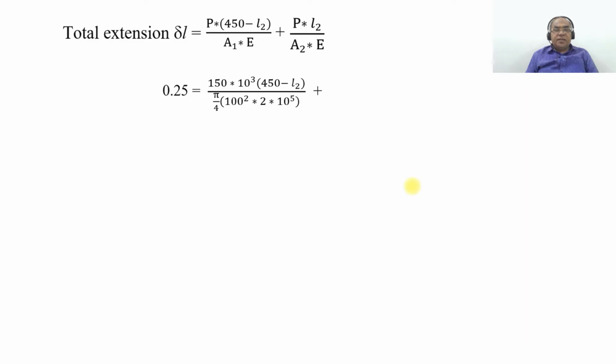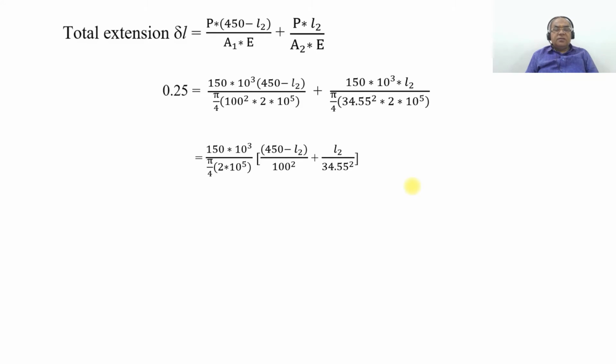150 into 10 to the power of 3 into 450 minus L2 divided by pi by 4 into 100 square into 10 to the power of 5, which is the Young's modulus, plus 150 into 10 to the power of 3 into L2 divided by pi by 4 into 34.55 square into 2 into 10 to the power of 5.